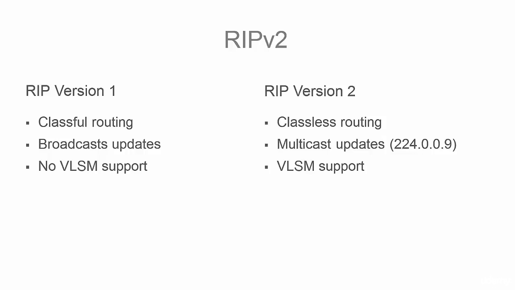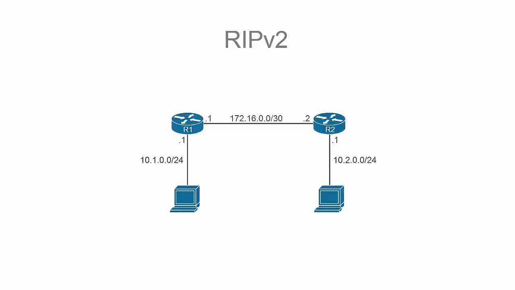Version 2 uses multicast for its updates with the multicast address of 224.0.0.9. And then, of course, version 1 did not have any variable length subnet mask support, and version 2 does support VLSM.